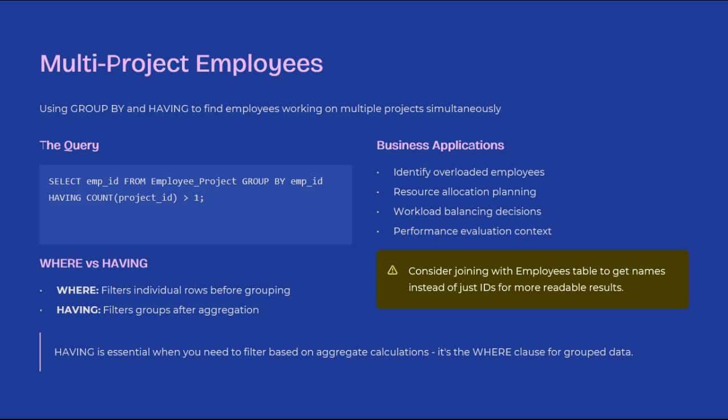Where filters individual rows before grouping, while having filters groups after aggregation. So having is essential when you need to filter based on aggregate calculations. It's the where clause for grouped data. Consider joining with the employees table to get names instead of just IDs for more readable results.